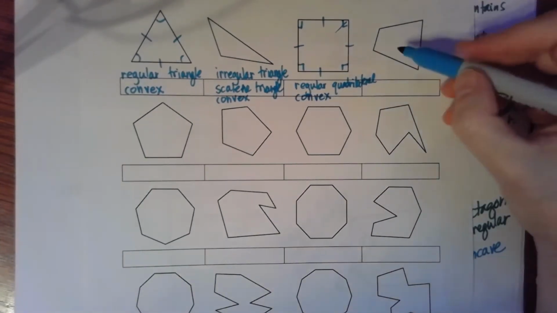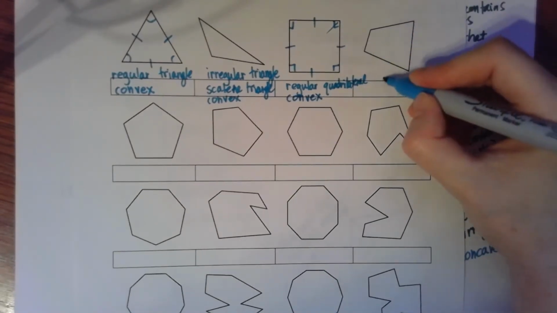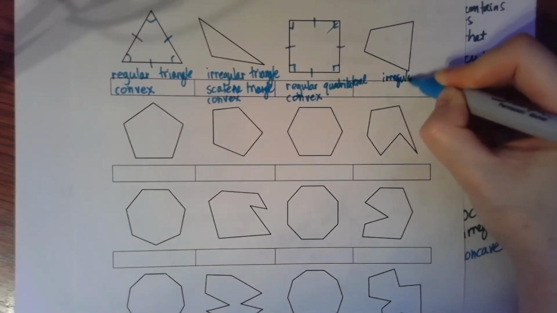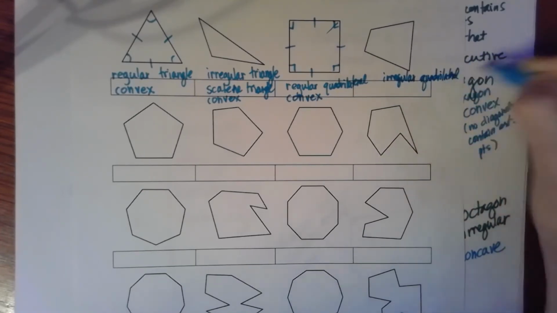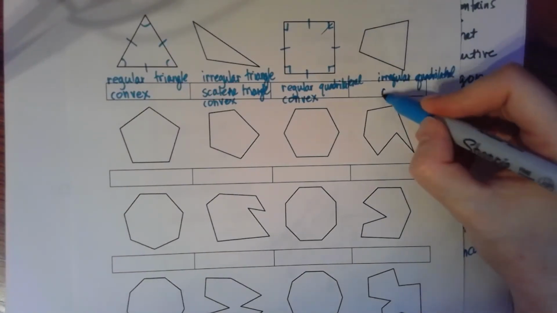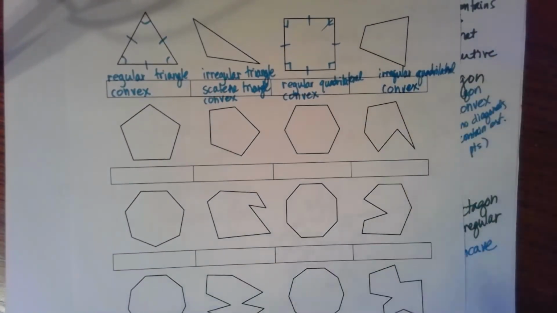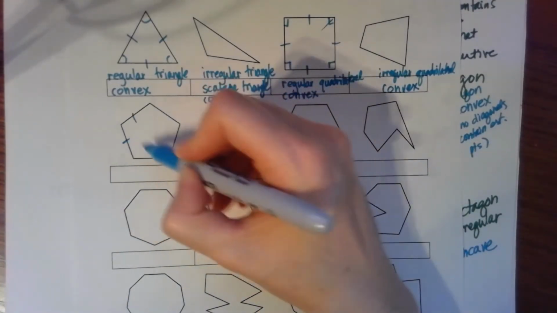This one has 1, 2, 3, 4. Definitely not all the same length, so this would be an irregular quadrilateral. Again, only 2 diagonals, neither of them contain exterior points, so this one is convex. This one has 1, 2, 3, 4, 5 sides.